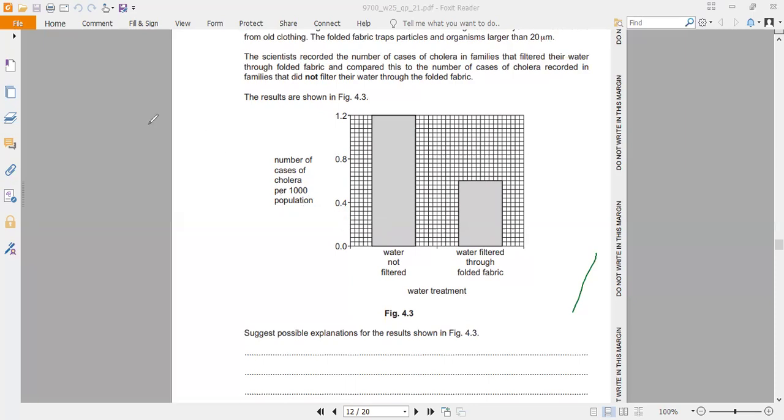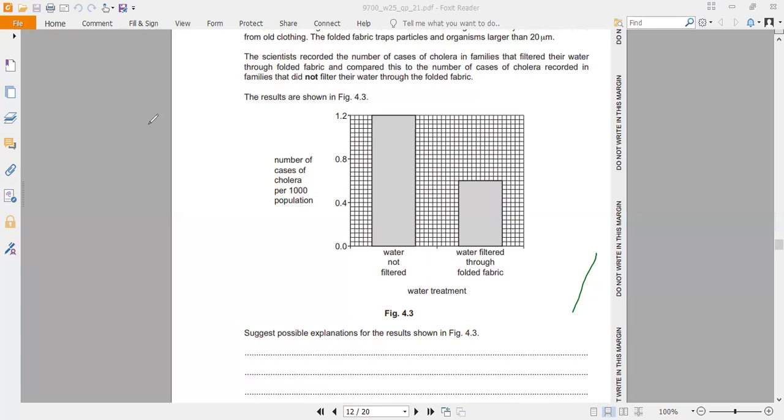And now we can observe this graph. This is a bar graph on which on the x-axis they have given the water not filtered and water filtered through folded fabric, and the number of cases of cholera per 1,000 population. You can see the number of cholera cases are high when the water was not filtered by the people.